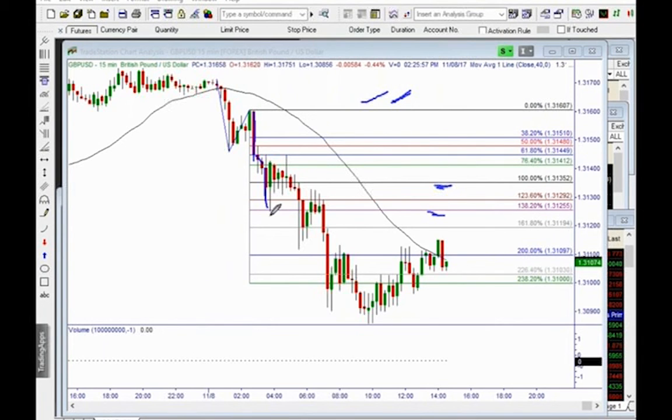So we have the 2 waves down, pulled into the 138.2, and that can help you also. So if you've got 2 waves that you can see and discern very clearly, great. If you only have 1 wave, look for a second wave. And you can do a measured move even, looking at that first wave and then comparing the second wave. So that can also give you an idea of where upcoming support levels are going to be.